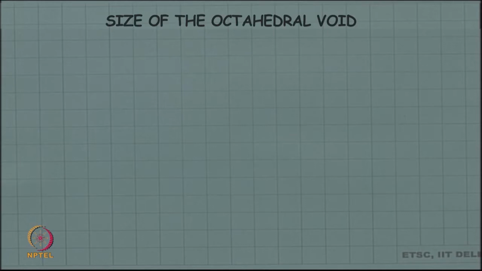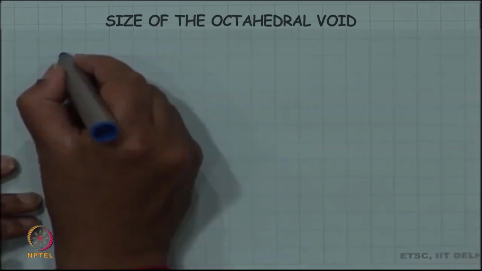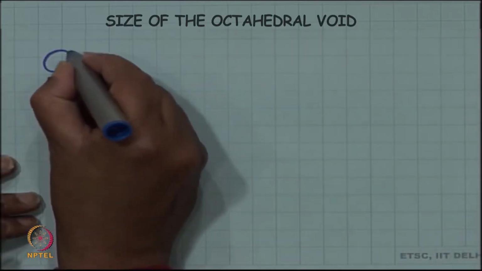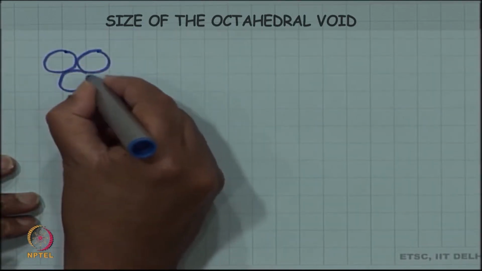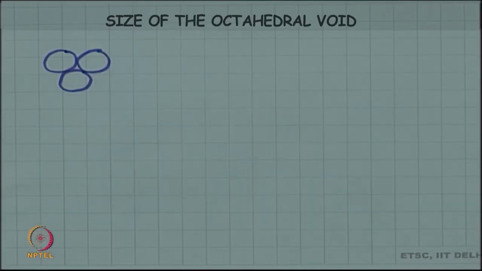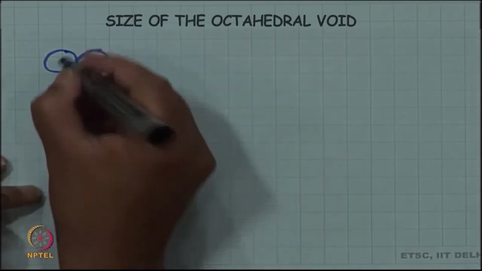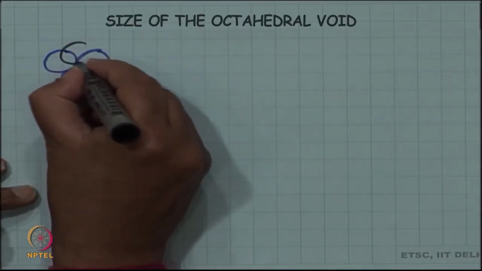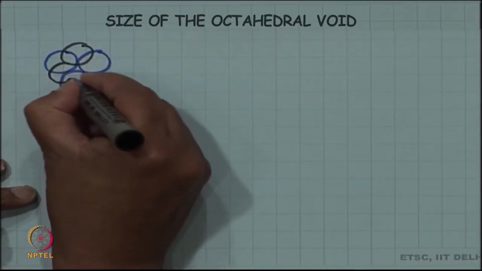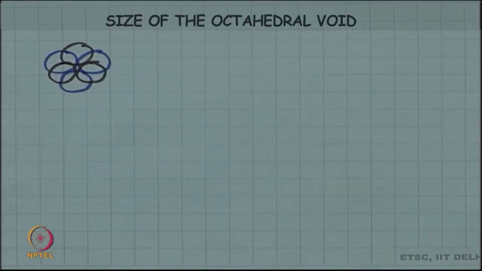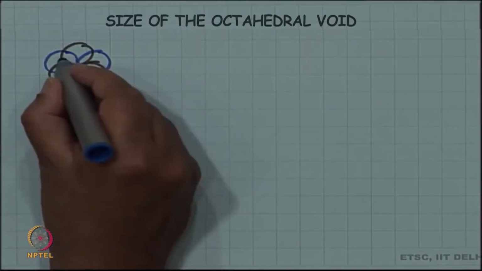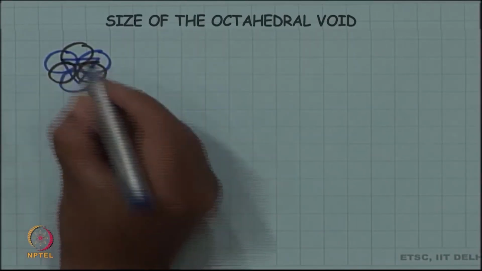Now, the octahedron, as we saw when we made the octahedral void, had 3 atoms below like this, and we also had 3 atoms above like this. This is how an octahedron will sit on a table, it will sit on its triangular face.